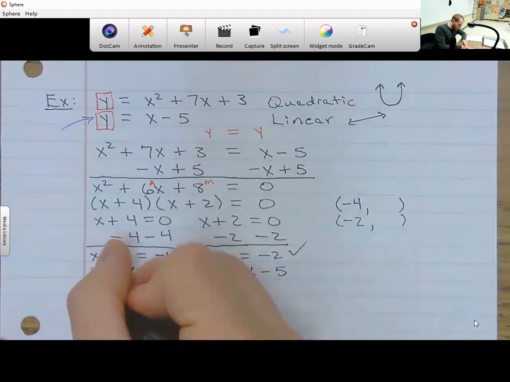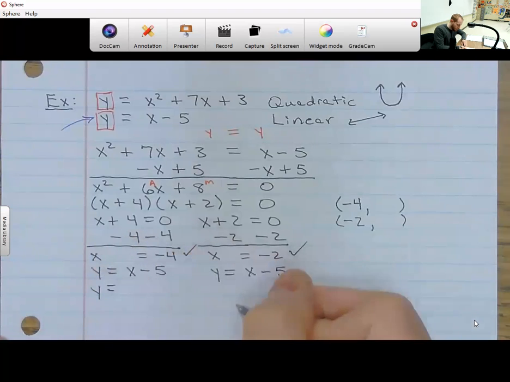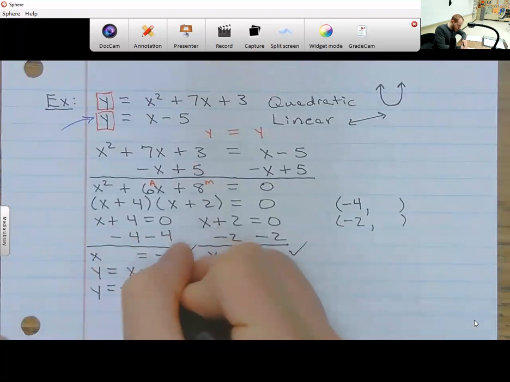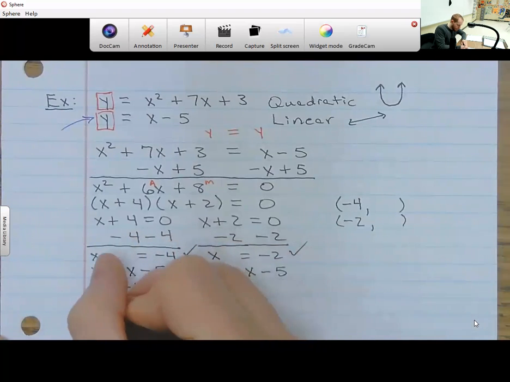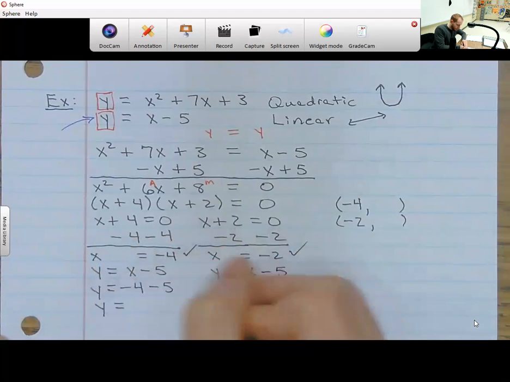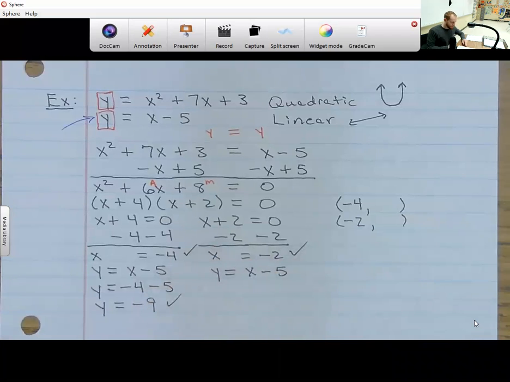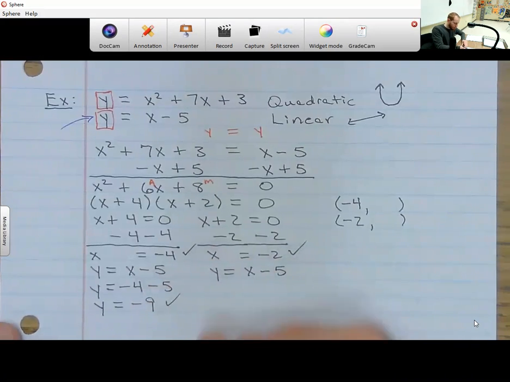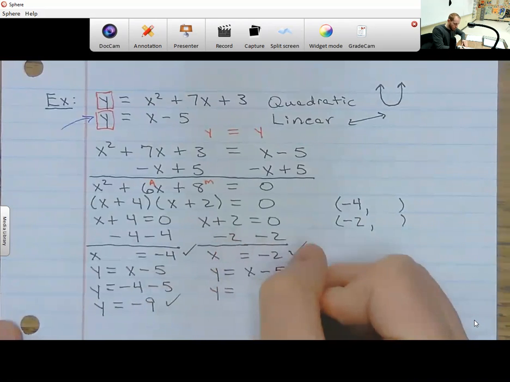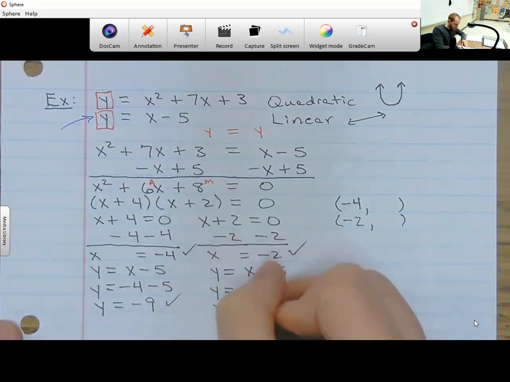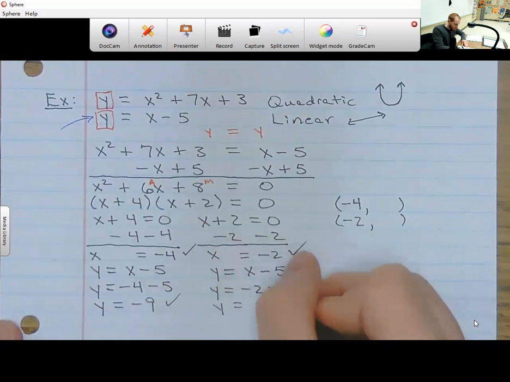Okay, so over here, I'm going to get y equals negative 4 minus 5, which is negative 9. Over here, I'm going to plug in negative 2, so I'm going to get y equals negative 2 minus 5. That is definitely negative 7.